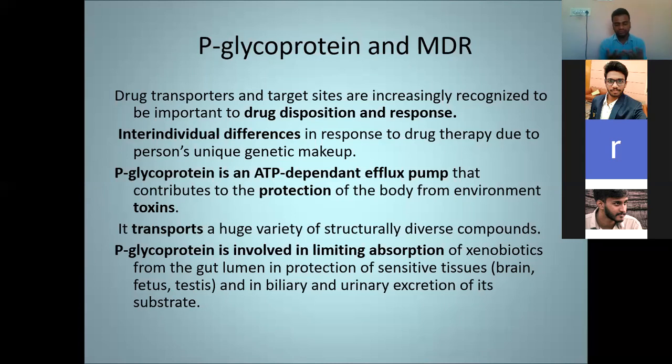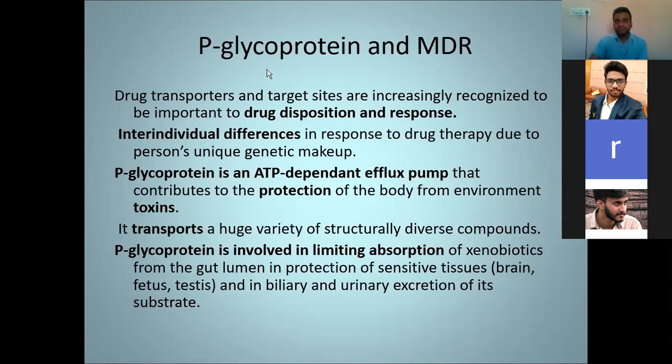Many times you might have come across this, but have you ever given a thought: is it a target or a transporter? Target, sir. No, that's not a target. It's a transporter. Okay, Srikant? This is a transporter. I'll explain how.